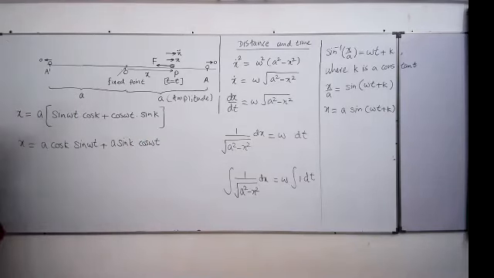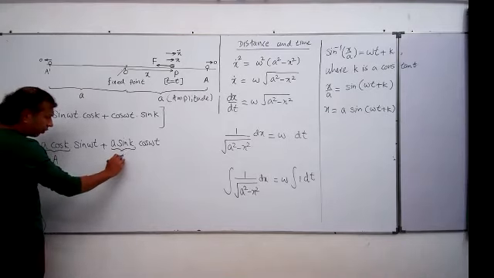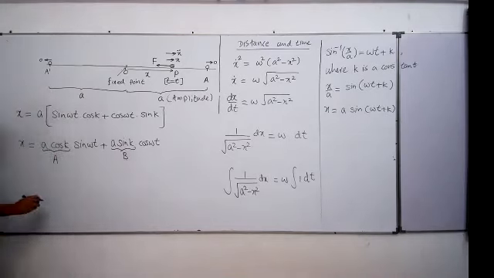You know, people, this a cos k is a constant. Say it is a. A sine k is also a constant. Say that is b.